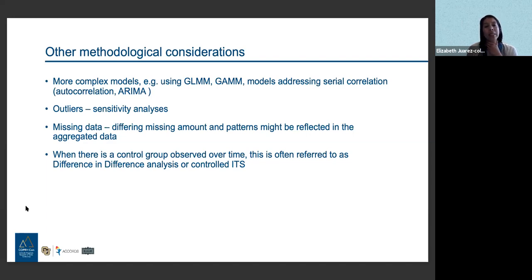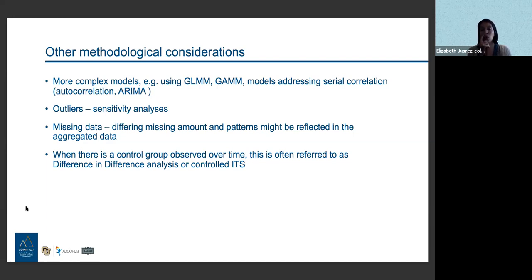Another issue is outliers. Outliers are always important to check, but particularly with aggregate data, and if we only have a few time points, it might be more important to do a thorough analysis of outliers.